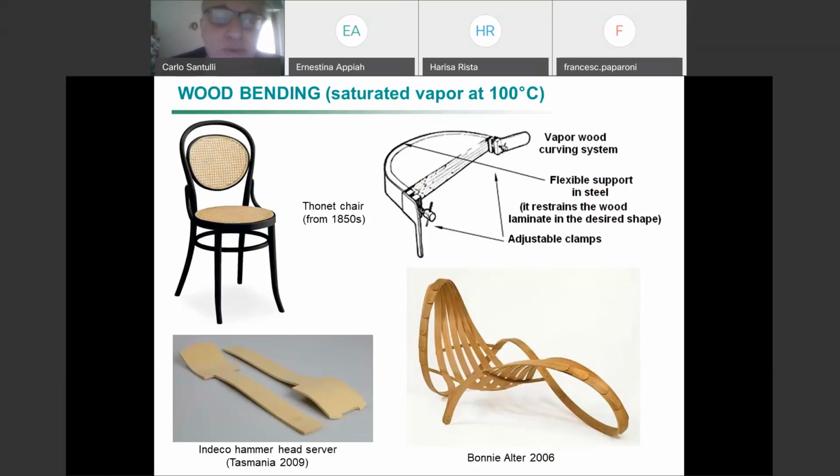With cast iron, it wouldn't have worked because it would have been very heavy, and also not very tactile. So in the end, you need some elastic deformation, because you need to adjust the clamp and to be able to curve the wood. So you put basically the wood against the flexible support, and you restrain it into the desired shape.